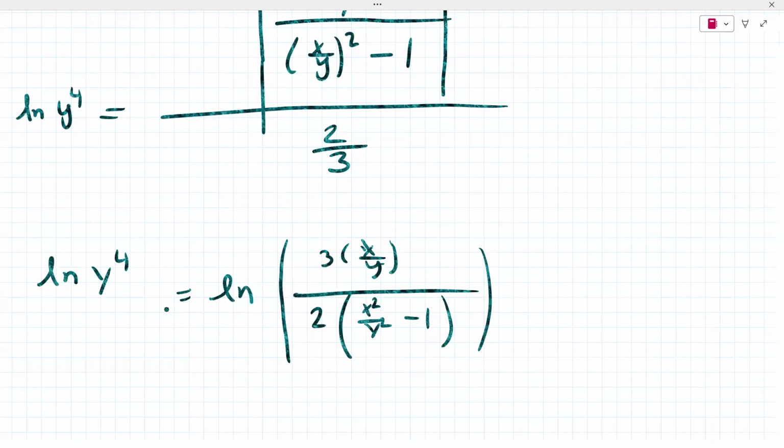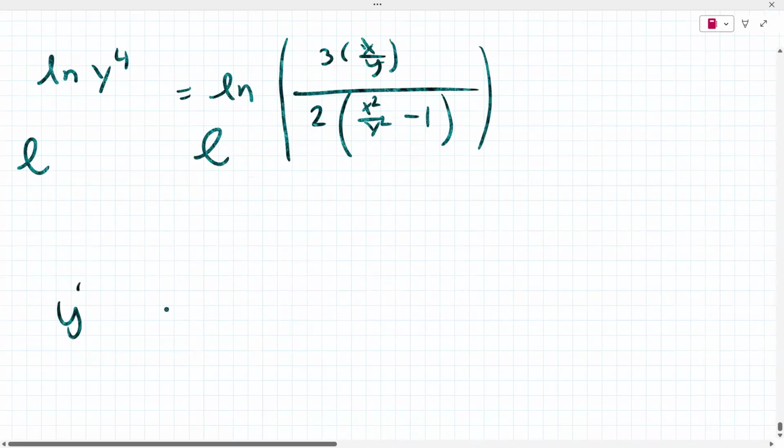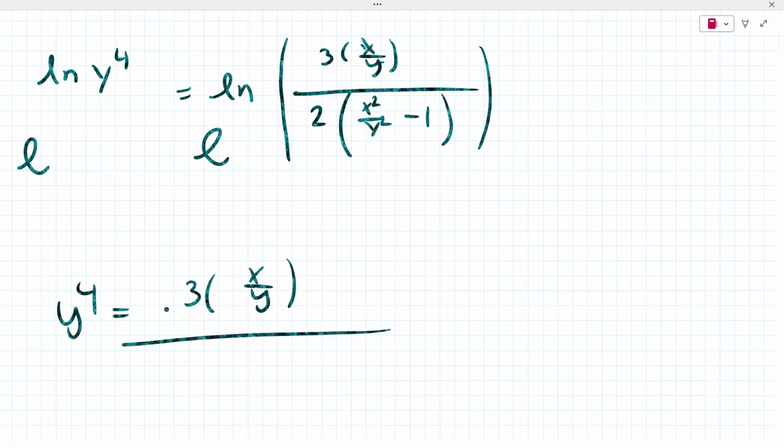Now, can we solve for y? Yes, we can. What you have to do is take e to both sides. So you get y to the fourth equals 3 times x over y over 2 times x squared y squared minus 1.